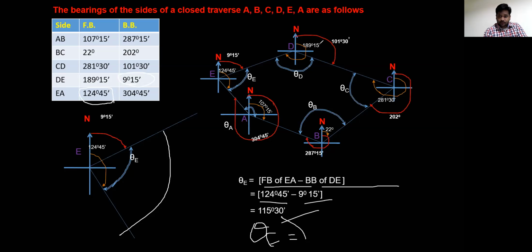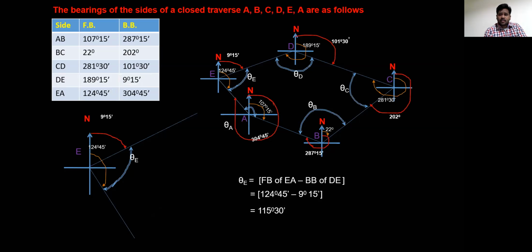After calculating all these interior angles, we need to check whether the calculated included angles are right or wrong. So we need to cross check. There is a formula to check that.